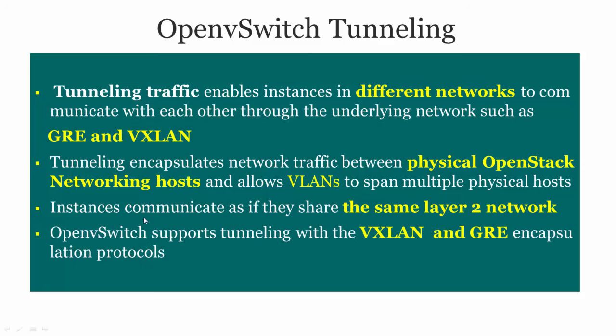So OpenvSwitch now supports tunneling with the VXLAN or GRE encapsulation protocols. If you have separate tenant networks on different hosts, you have to use OpenvSwitch, and OpenvSwitch also needs to be configured with VXLAN or GRE for tunneling connections between different physical hosts.